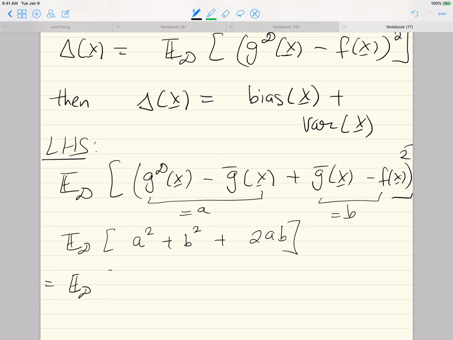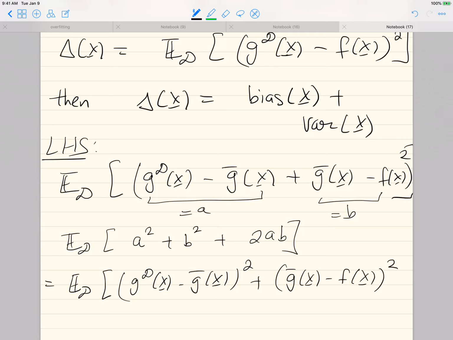This is the expected value over D. What is A? A is g_D of x minus g bar of x, squared, plus the second quantity B, which is g bar of x minus f of x, squared, plus 2 times g_D of x minus g bar of x, times g bar of x minus f of x.